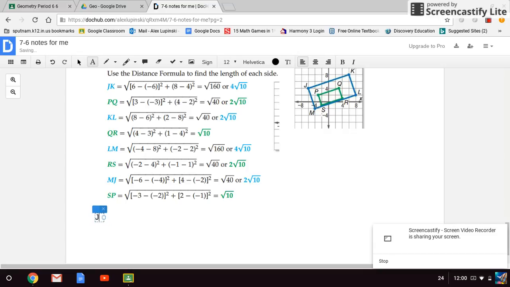Basically, you have to do the top parts, JK over PQ, has to equal KL over QR, equals the bottom parts ML and SR, which has to equal JM and PS.